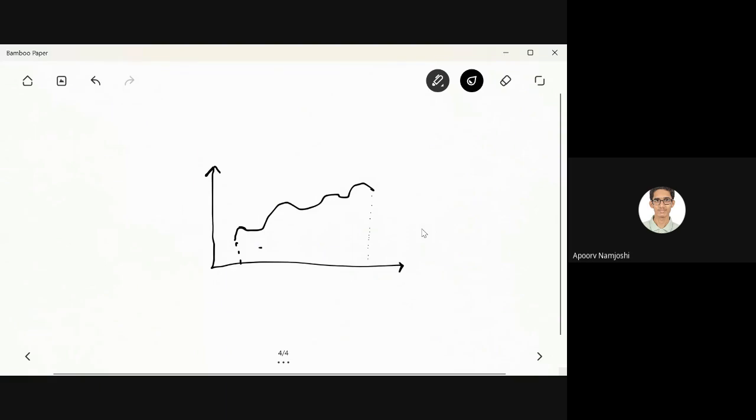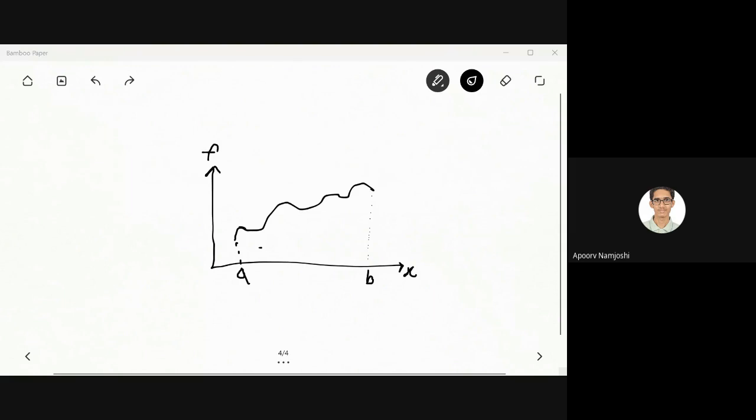Suppose these points are called A and B. In general, given this information, how would you integrate a function?